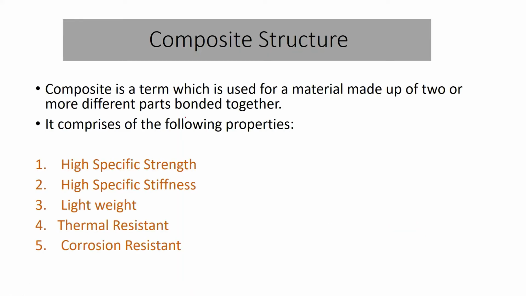So first of all we will see the term composite. Composite is a term used for a material made up of two or more different parts bonded together.